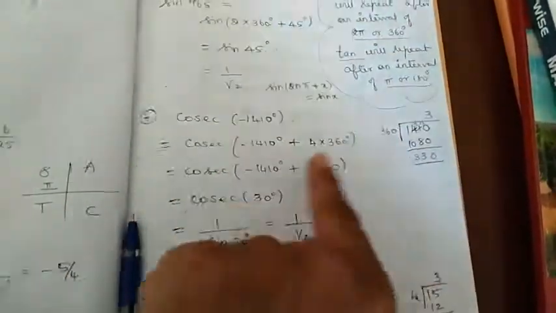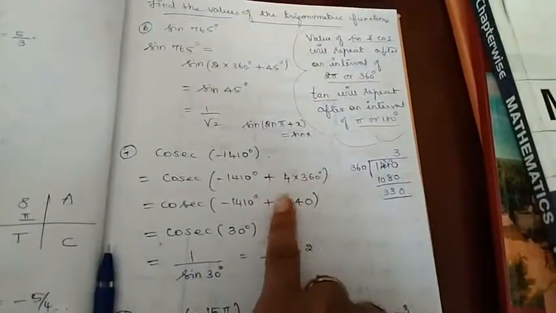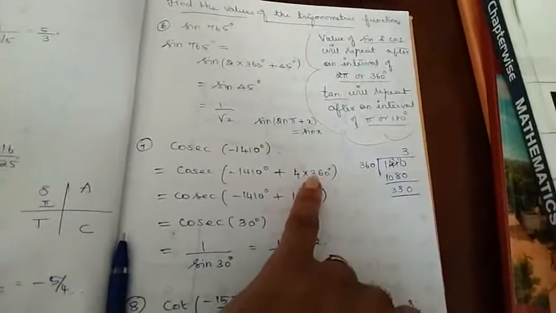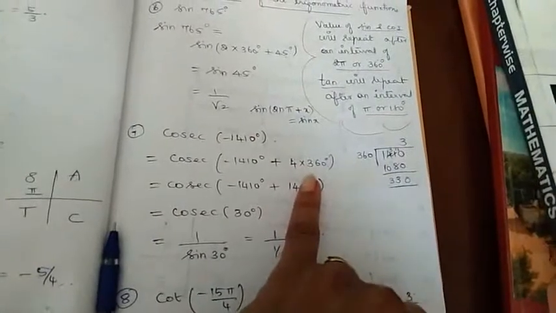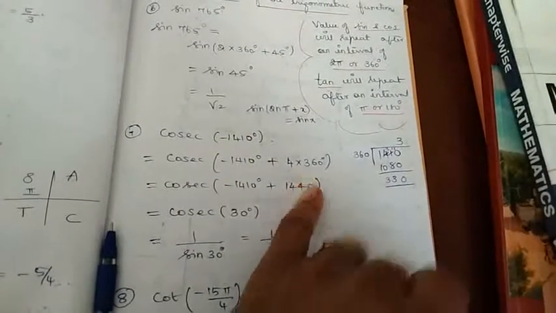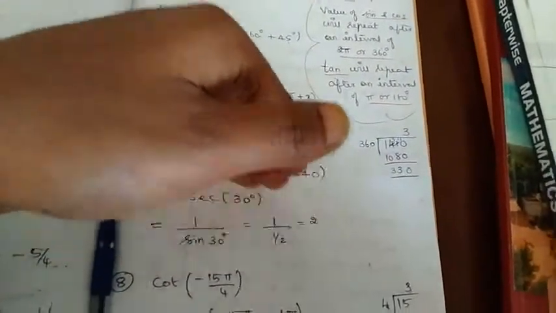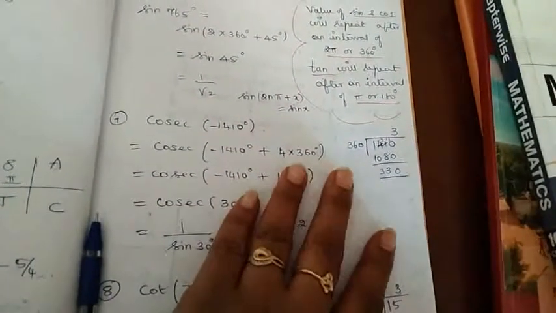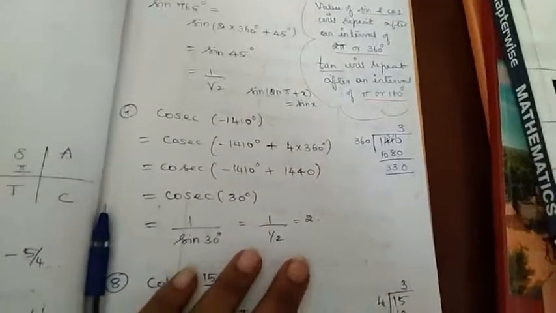The same rule, because we know the sine and cosine functions will repeat after an integral multiple of 2 pi. So here we have expressed the given angle as a sum of an integral multiple of 2 pi plus something else. We have split the given angle into 2. With the given question, we have added some integral multiple of 2 pi because anyhow it is not going to make any change.